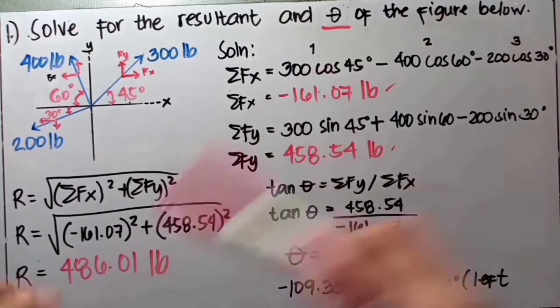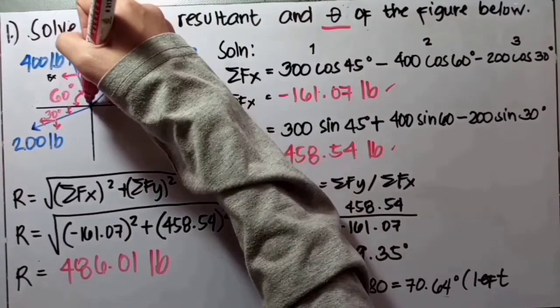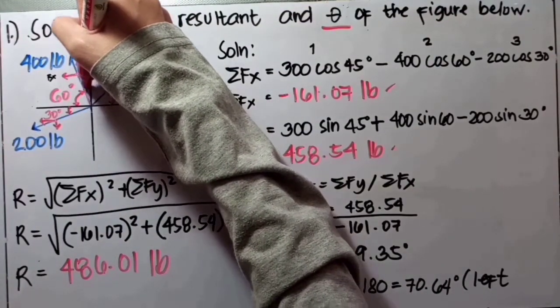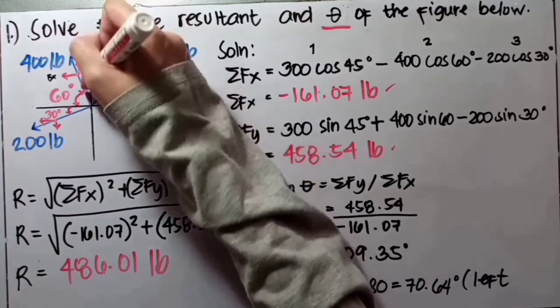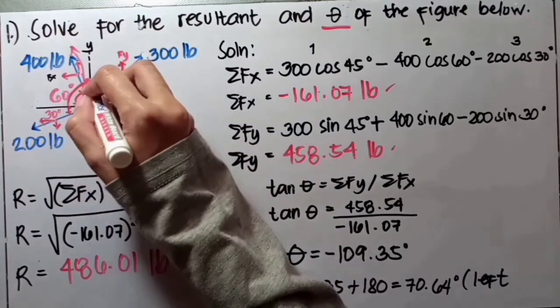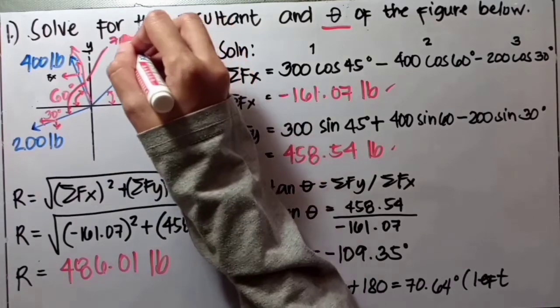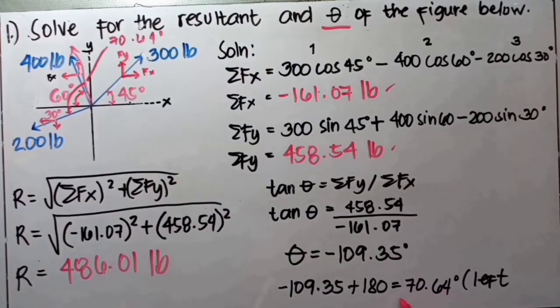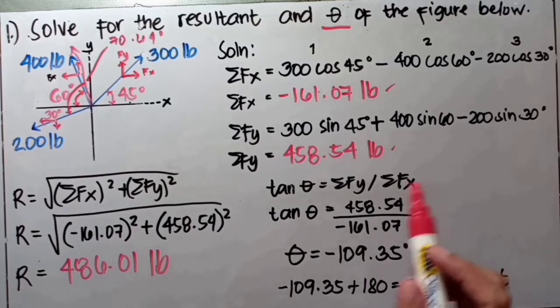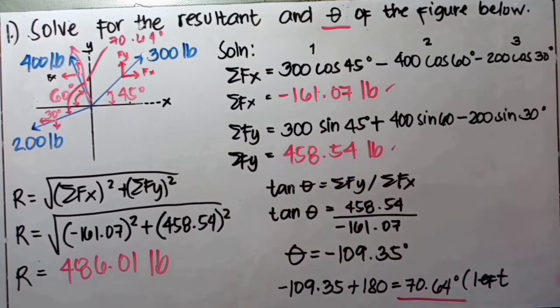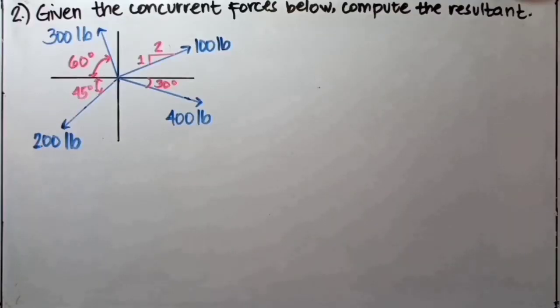Ibig sabihin, along here, dito part, ang resultant, ganyan. Tapos ang angle dito is 70.64 degrees. So, ayan, meron na tayong answer for theta. Meron din na tayong mga summation forces X. So, okay na. So, next problem naman tayo.